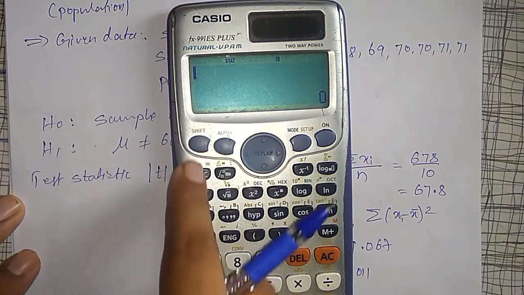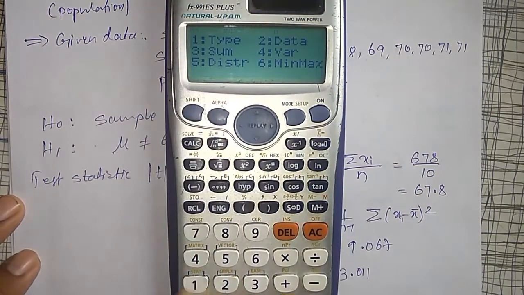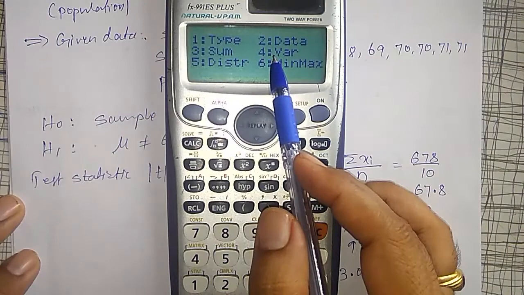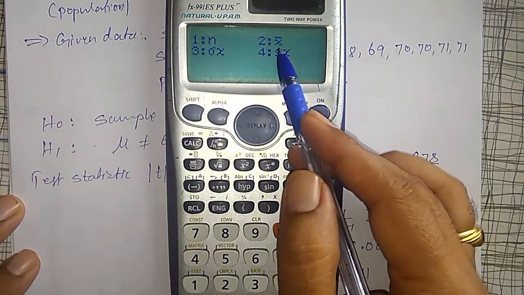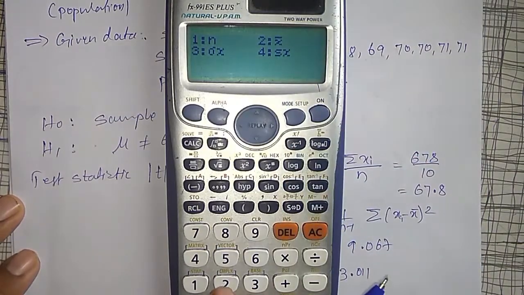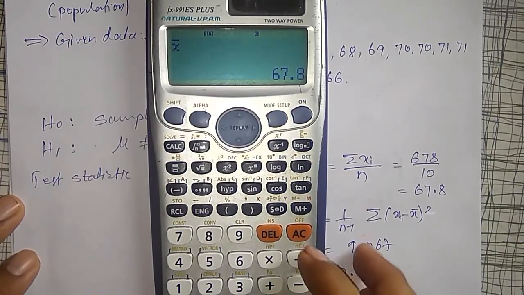Then to find x bar, shift 1. You will get variance from option number 4. Then to find x bar, option number 2, we will get 67.8 directly. Like that, how to find s square and s directly?